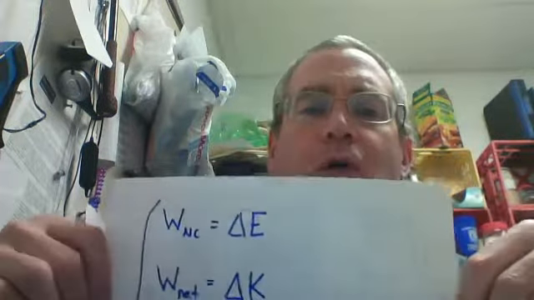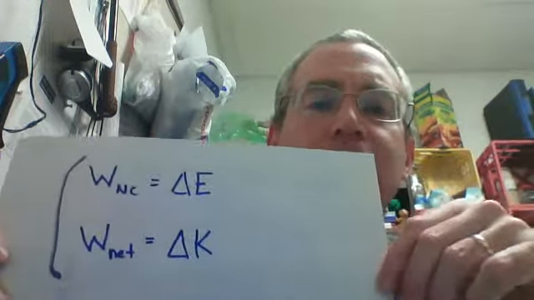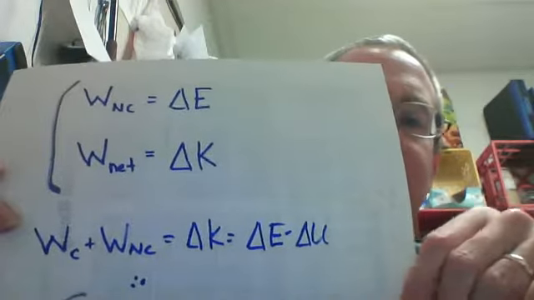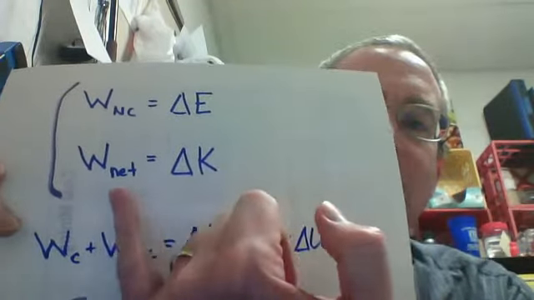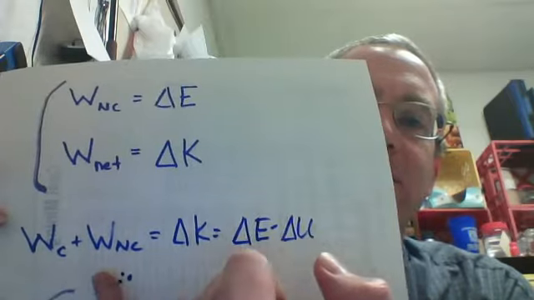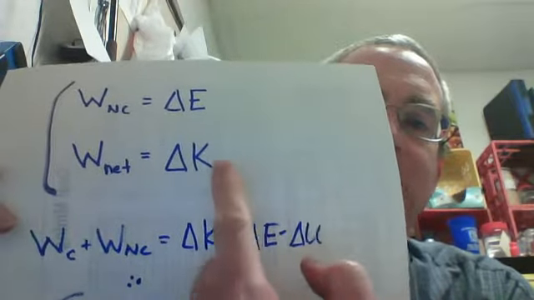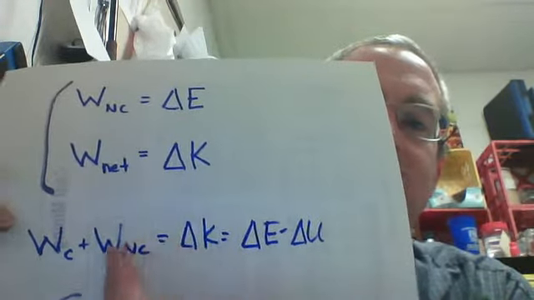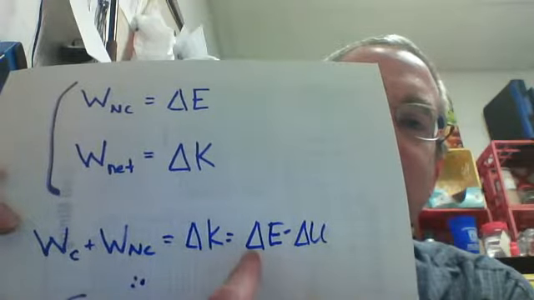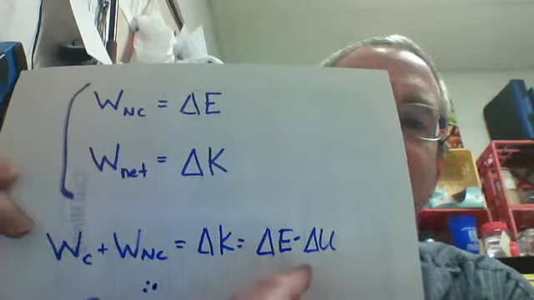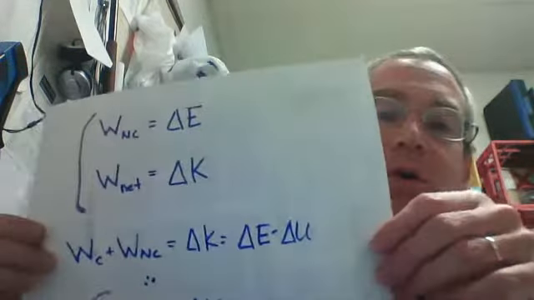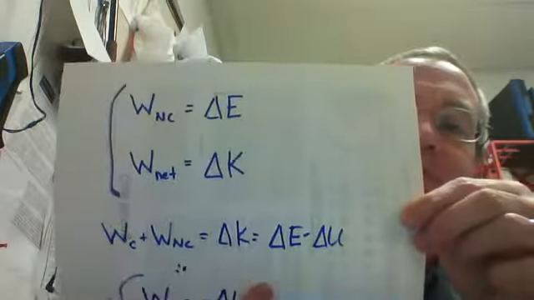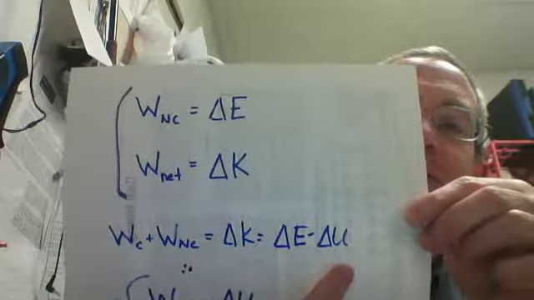Now, since total work is conservative work plus non-conservative work, we can take this idea that the total work is conservative plus non-conservative, which is the change in kinetic. So I'm just bringing down this value right here. And then we have this change in energy minus potential energy, because if you recall, energy is kinetic plus potential. So kinetic is total energy minus potential. And so therefore we have this change in energy minus the change in potential.